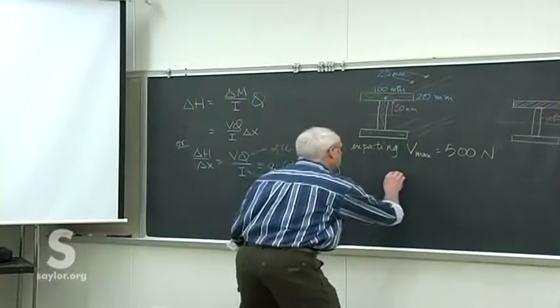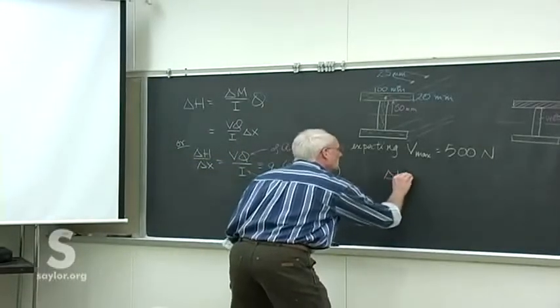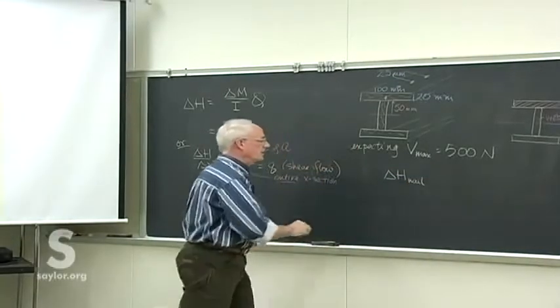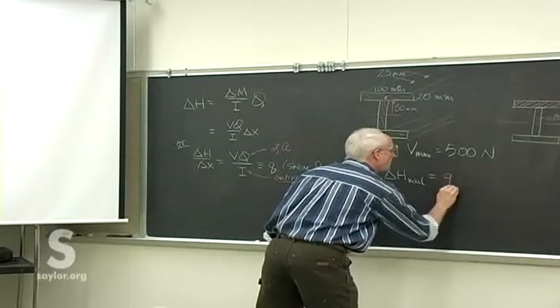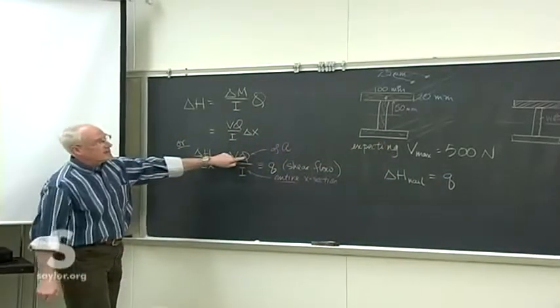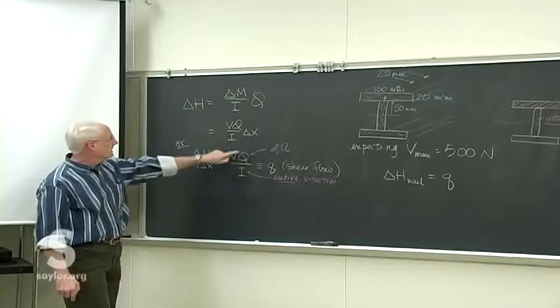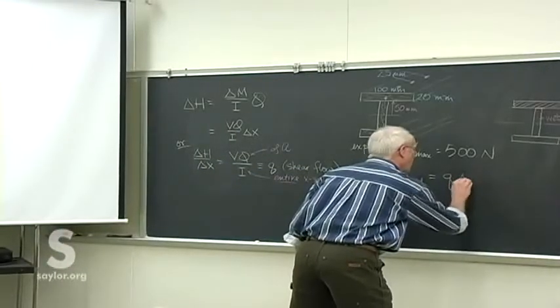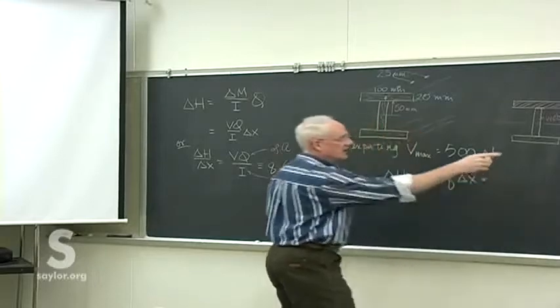So we want to find out how much shear there is per nail. So we figure out that Q, the big Q we've got, and I we've now got, just multiplied by delta X, which is the distance between each nail.